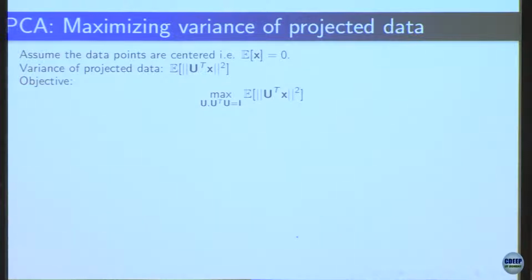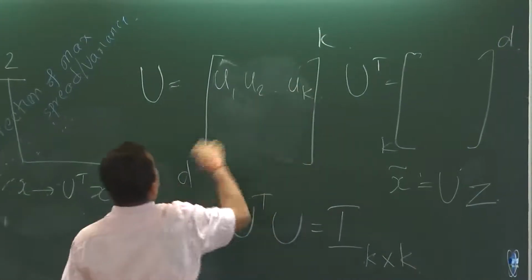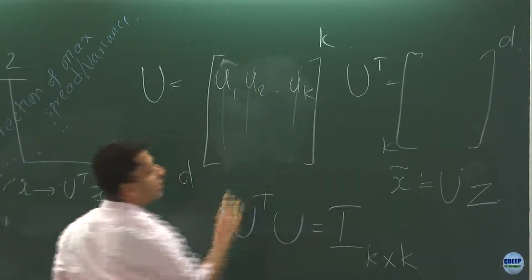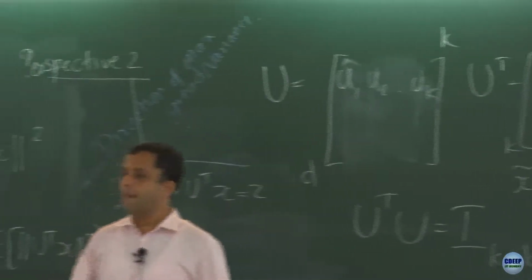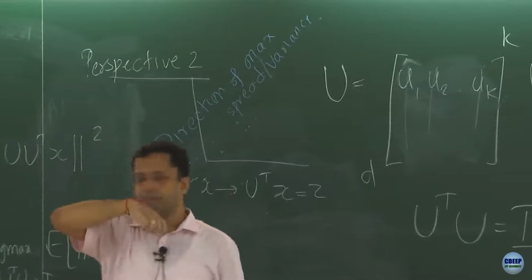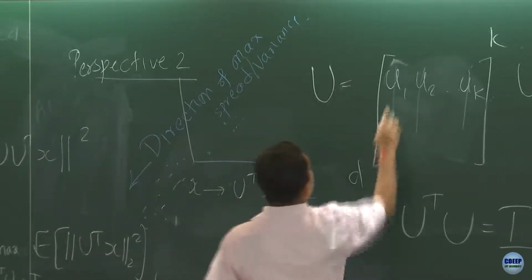And now if I start writing down the U's, I did that earlier, but let's say I write U1, U2, UK. So we are saying that U1 corresponds to the direction of maximum spread, and therefore U1 might turn out to be here.